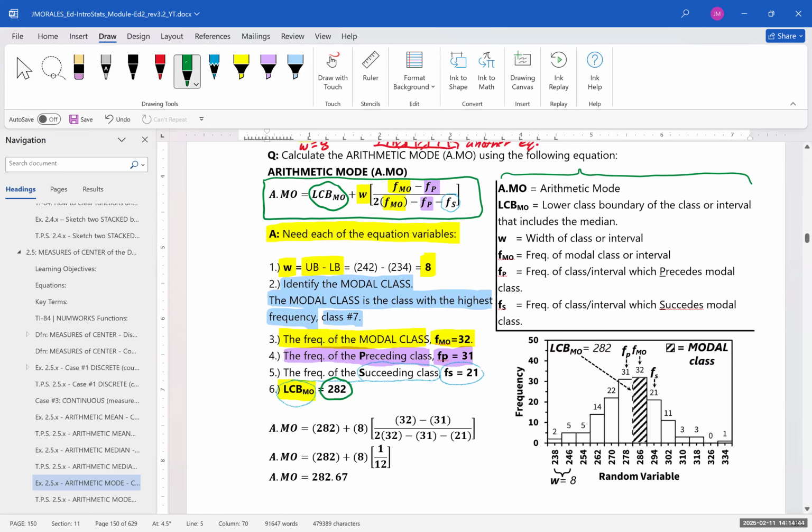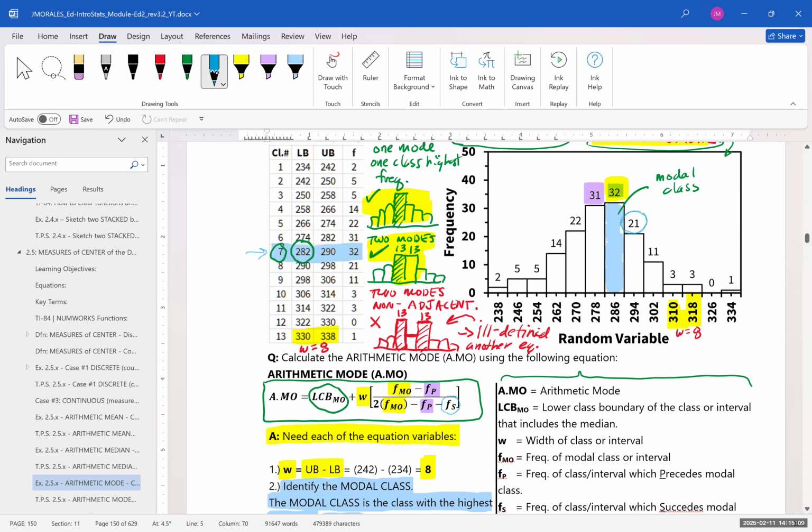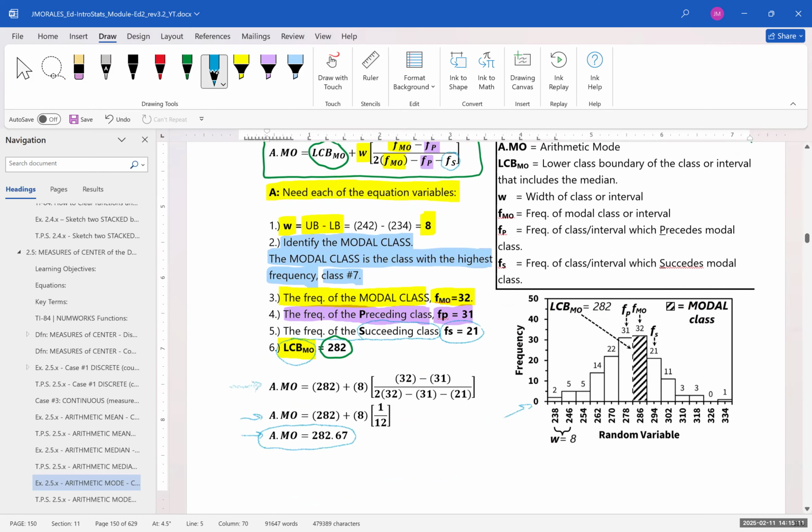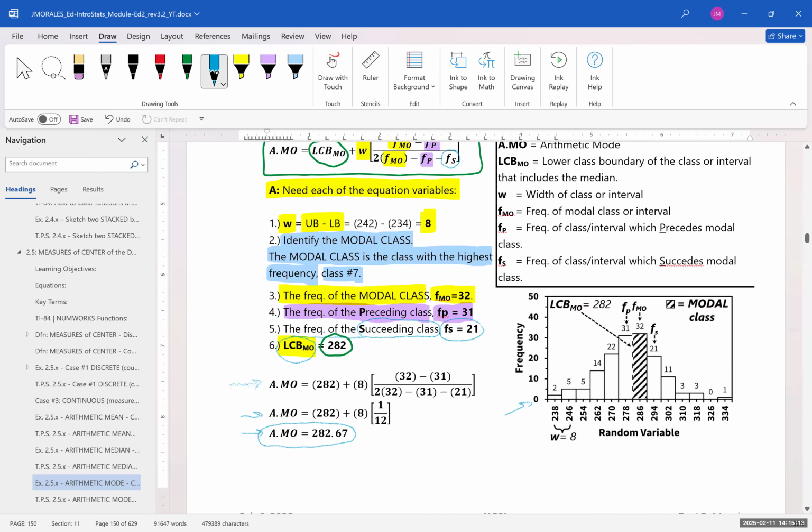What you're seeing down here is that equation with those values plugged in. All I did was successively simplify it to get our arithmetic mode. This picture that I put off to the right are all of the pieces for this equation that I identified up above. I just did it a little bit more formally here.